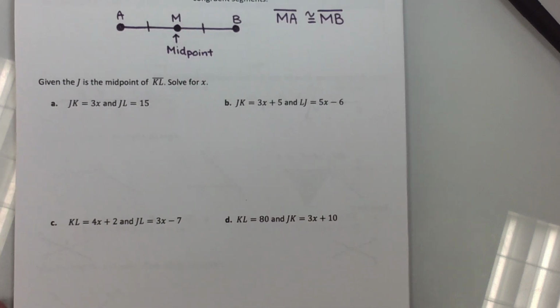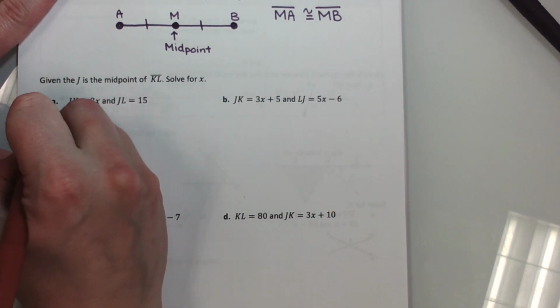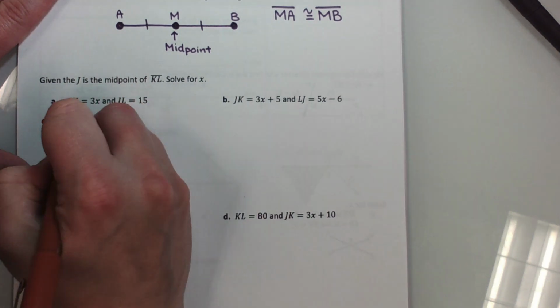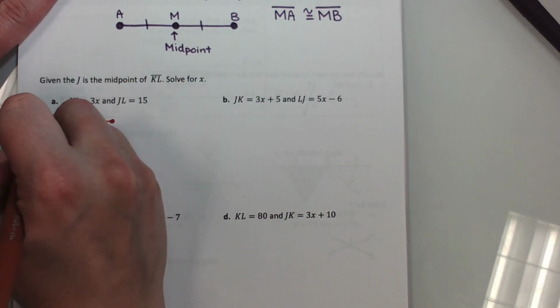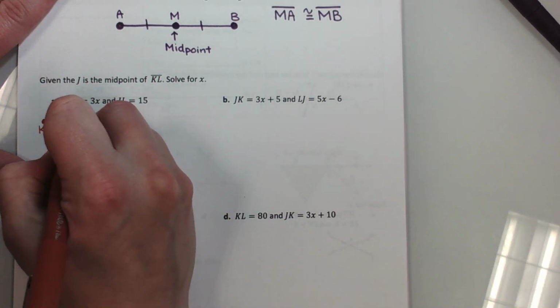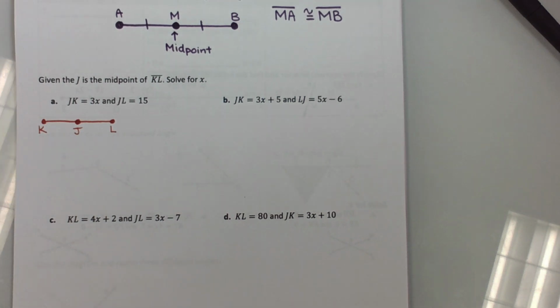So, we're going to get some problems that look like this today. Given that J is the midpoint of KL, solve for x. Key thing here. It's telling me J is the midpoint of KL. That means I have a segment KL where J is smack dab in the middle of it.